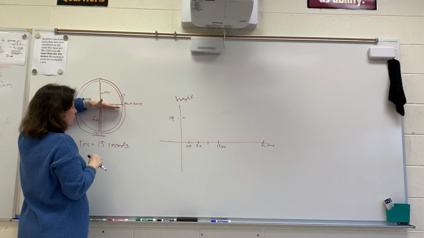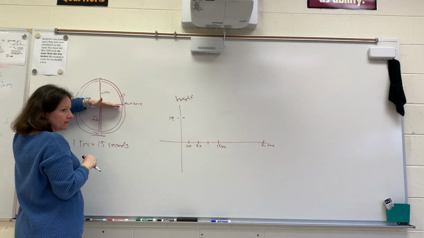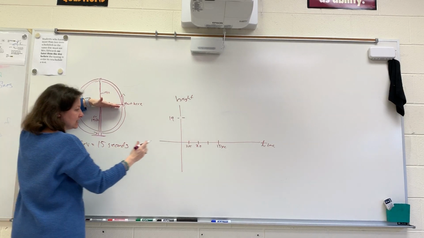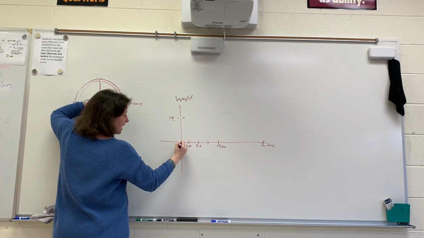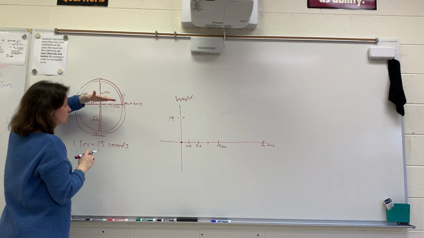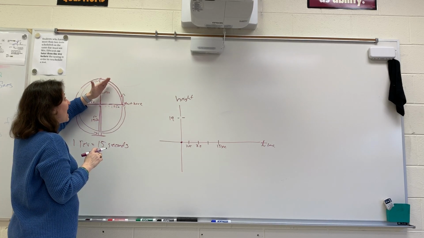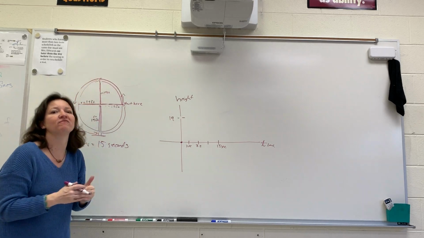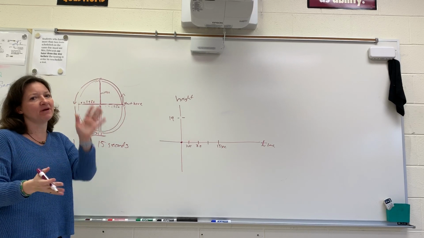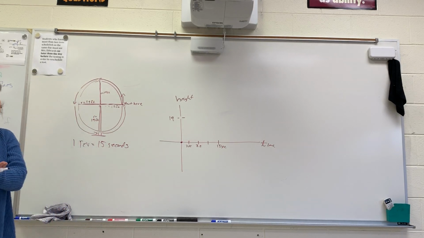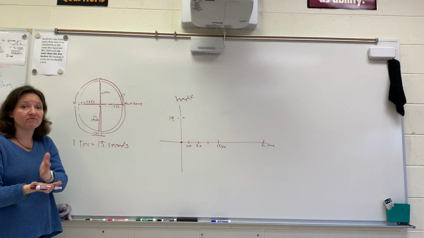Where is my starting point? Right here. That's my 0. At time 0, I am at a position of 0. Then 3.75 seconds after that, I'm how much above my starting point, not how much above the ground, and that's where I was messing up, but how much above my starting point.